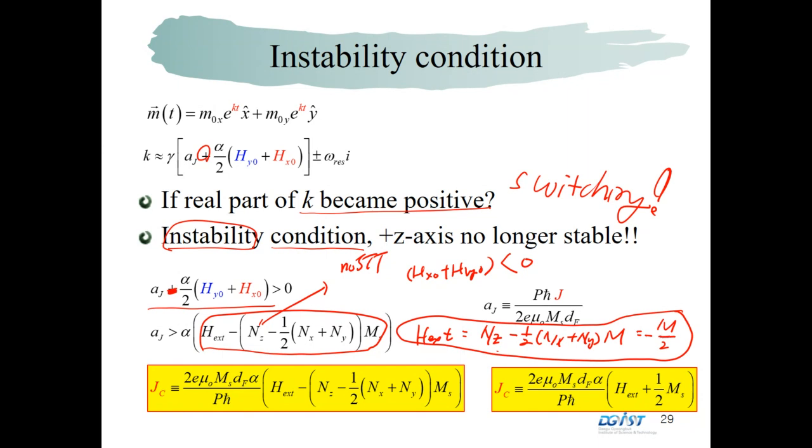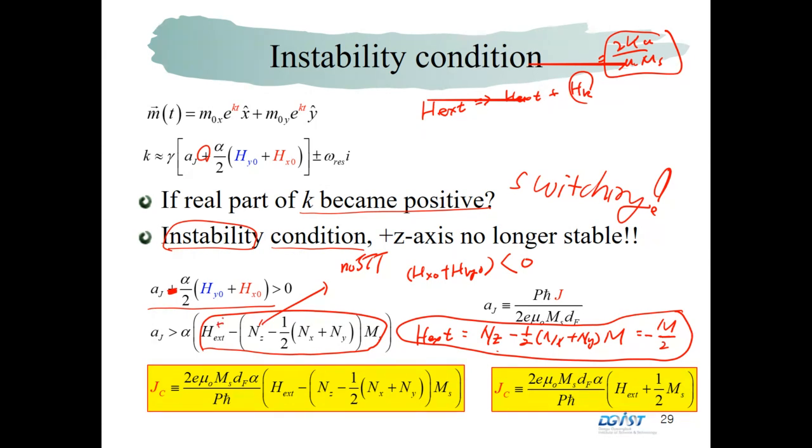So if you have an anisotropy field, this turns to this, where HK should be the field we determined when we were talking about the Stoner-Wohlfarth model.